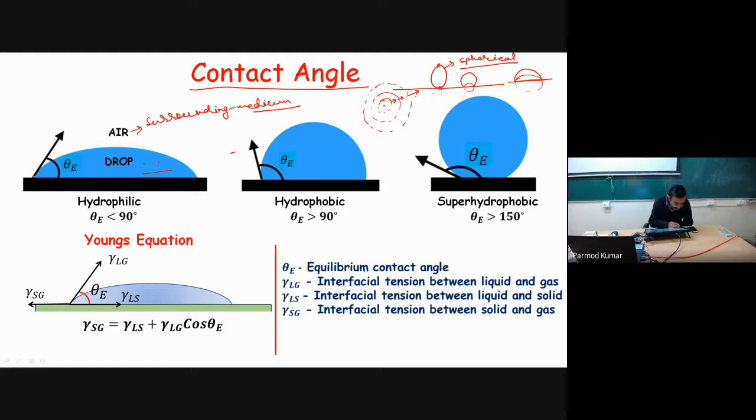Say this is a drop, and let us consider this drop is in its final resting position. It is not moving, it has reached the final equilibrium state. When the drop has reached the final equilibrium state, we measure the angle from the liquid side, made by the tangent of this air-water interface.